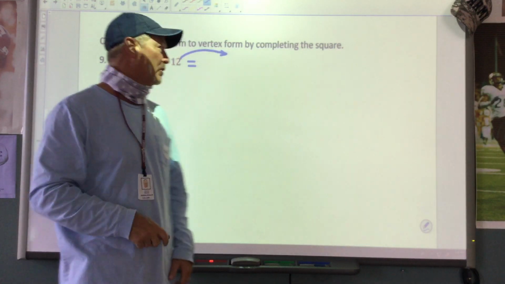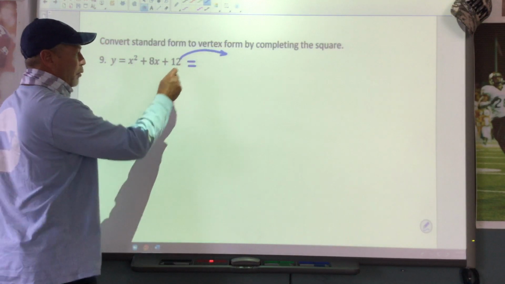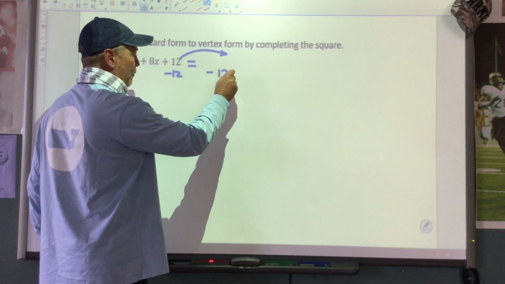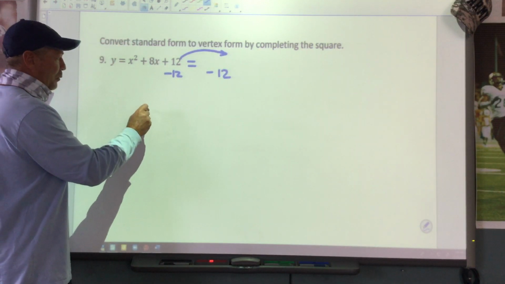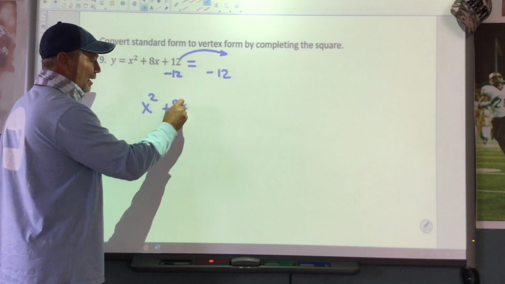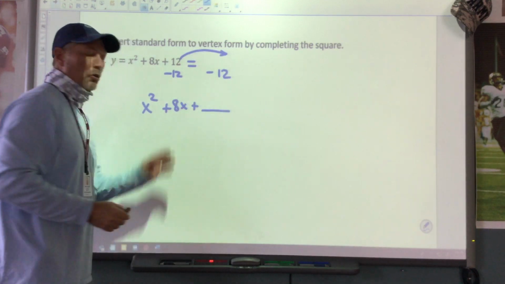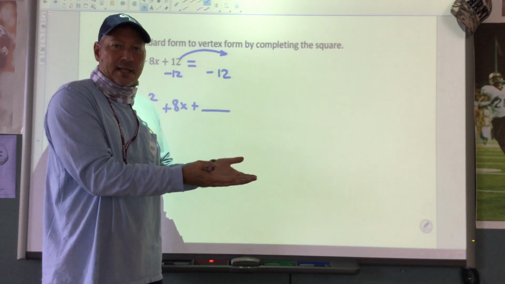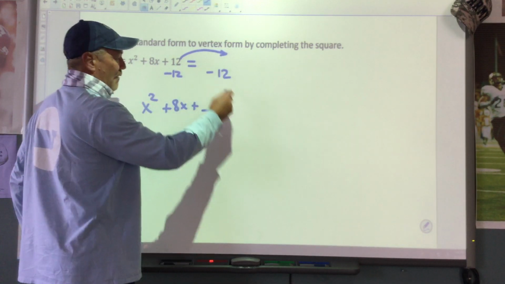This will be easy to do. I'm going to move the 12. I'm going to have minus 12 minus 12. That will leave me with x squared plus 8x plus blank. I moved my 12, so now I have something to complete. I have a blank now. I have a minus 12.